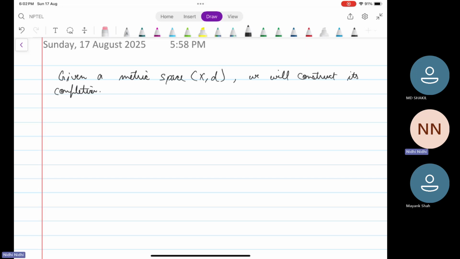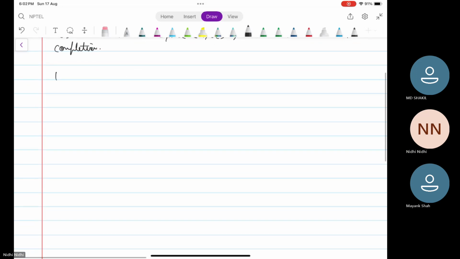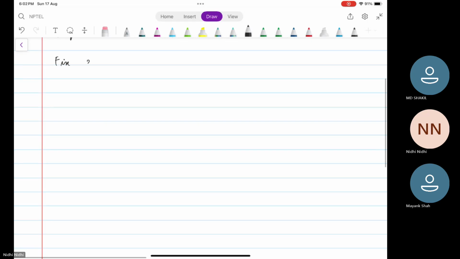So, we start with fixing x naught. And for every x in X, we define a function f_x from X to R.